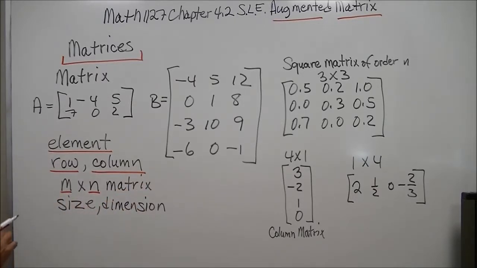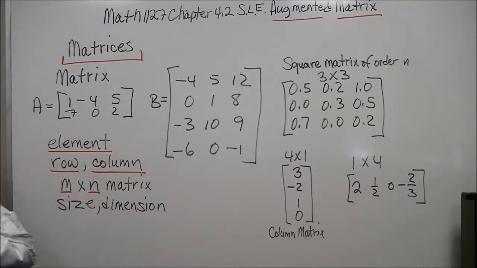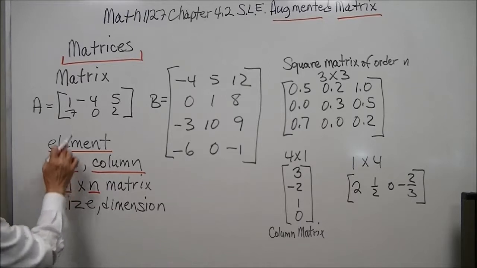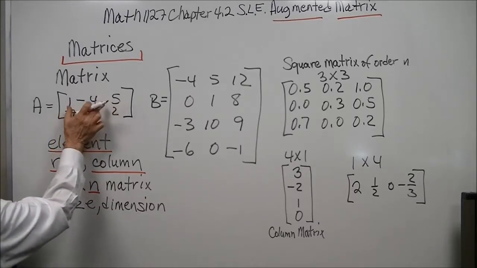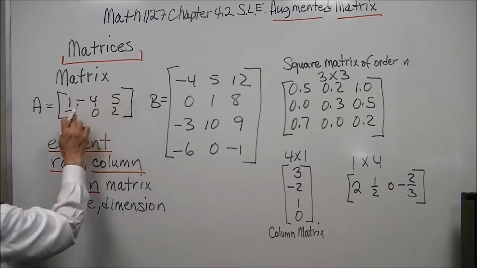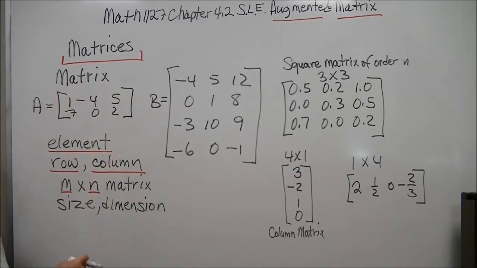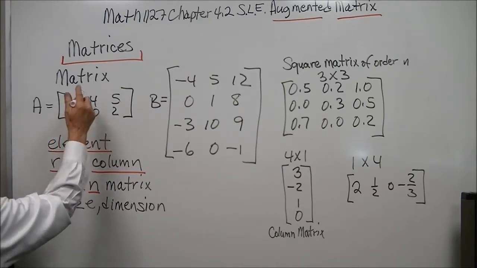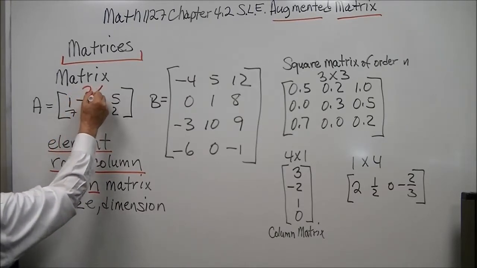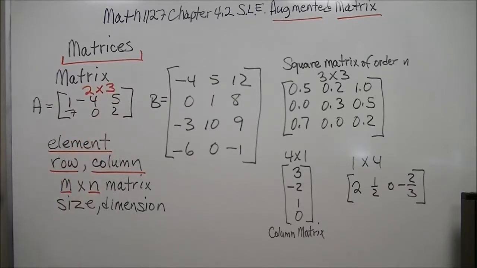And so in this case, what kind of matrix would this be? Well, notice there are 3 elements and 3 elements. This is 1 row, 2 rows, 3 columns. So this is called a 2 by 3 matrix.